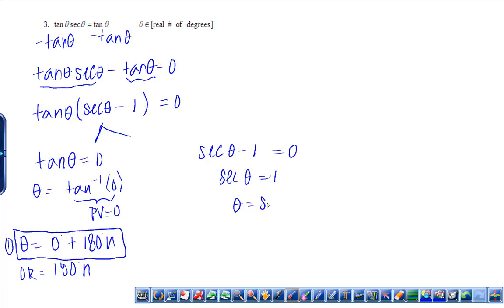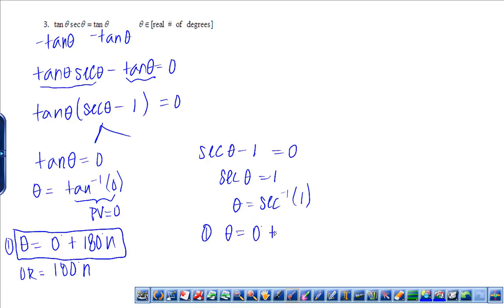Then that would be arcsecant of 1. And you can think of arcsecant of 1, of course you can't look into the table, but you can think of arc cosine and do the reciprocal. And so the general solution is going to be 0 again.